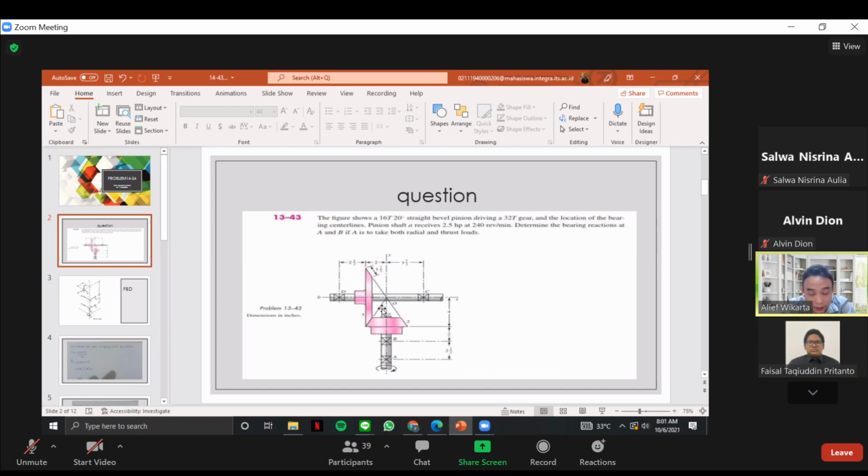Sekarang pertanyaan saya ke sini. Directionnya WR, radial force di gear 2 itu kemana? Kamu tahu nggak cara menentukannya? WR, WT, WA itu menentukannya bagaimana? Apa yang kamu belum tahu?